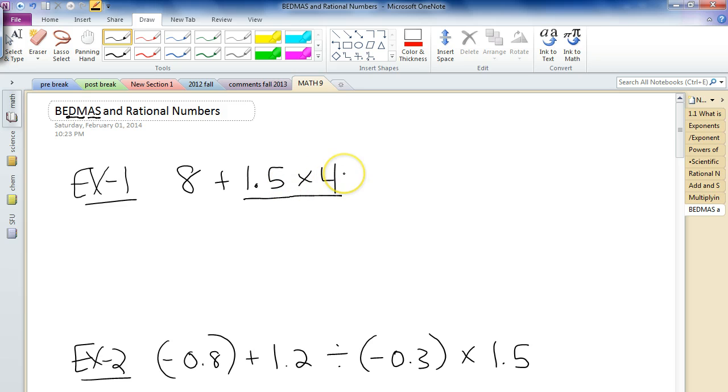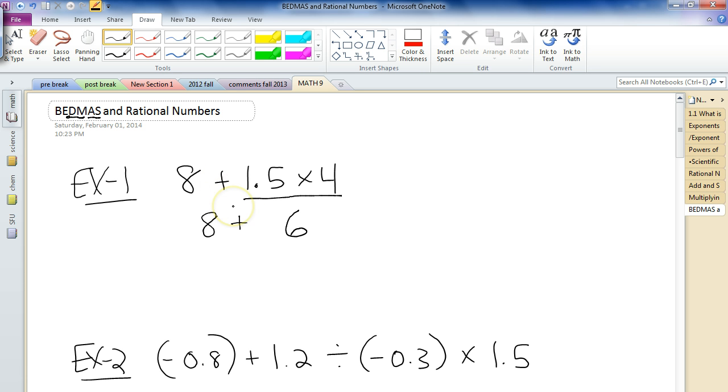1.5 times 4. Now, you're allowed to use calculators in grade 9, so you can use a calculator, but if you just think about it, 1 times 4 is 4, and 0.5 times 4 is 2, so it's 6. Whether you did that in your head or with a calculator, that's fine. And then you do the plus 8.